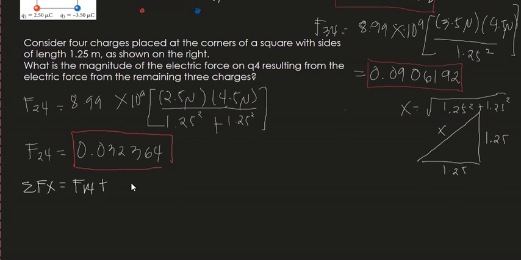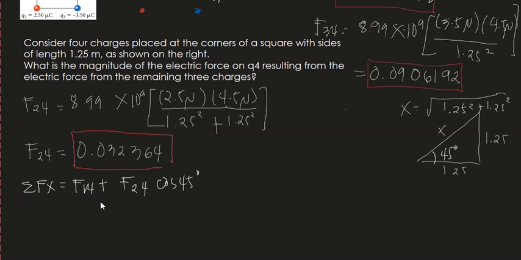F24 cosine theta. Since it is a square, automatically this is 45 degrees. So F24 cosine 45 degrees. If it is a different shape like a rectangle, you have to solve for the value of theta.